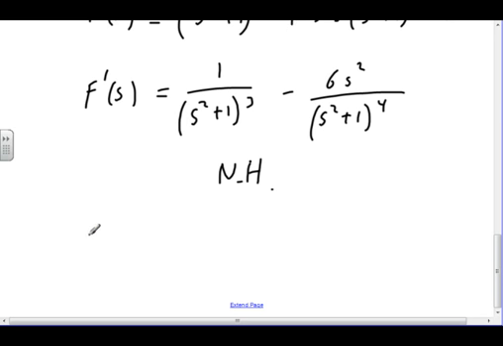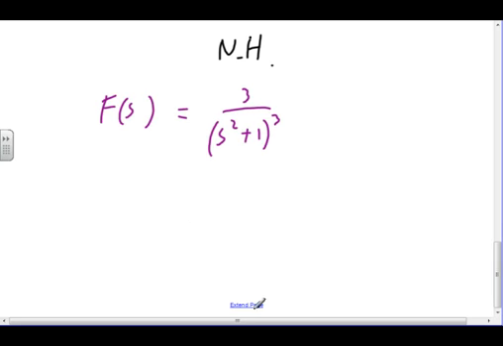And changing colors, I have f of s is equal to 3 over s squared plus 1 cubed.